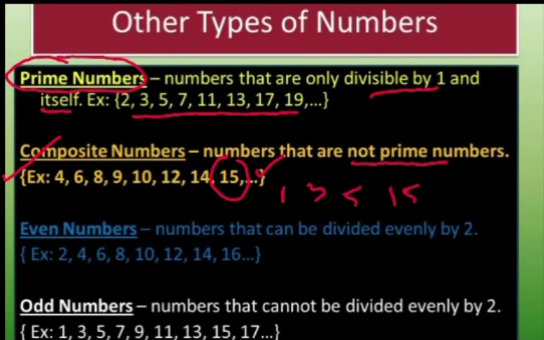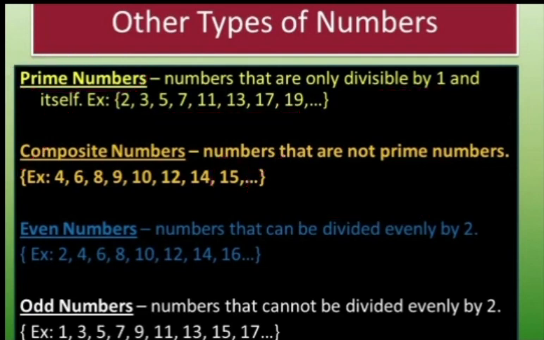So, there are 4 factors for this number. Such numbers are called composite numbers. That is, if a number is not a prime number, then it is called a composite number.